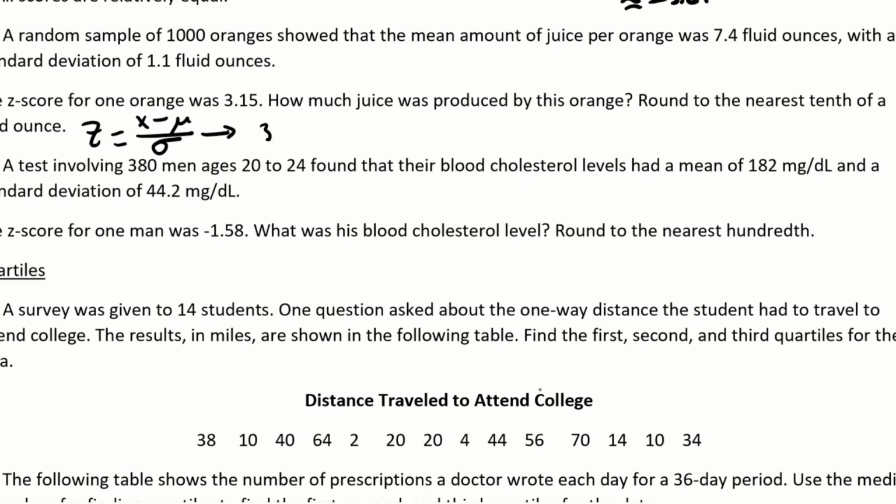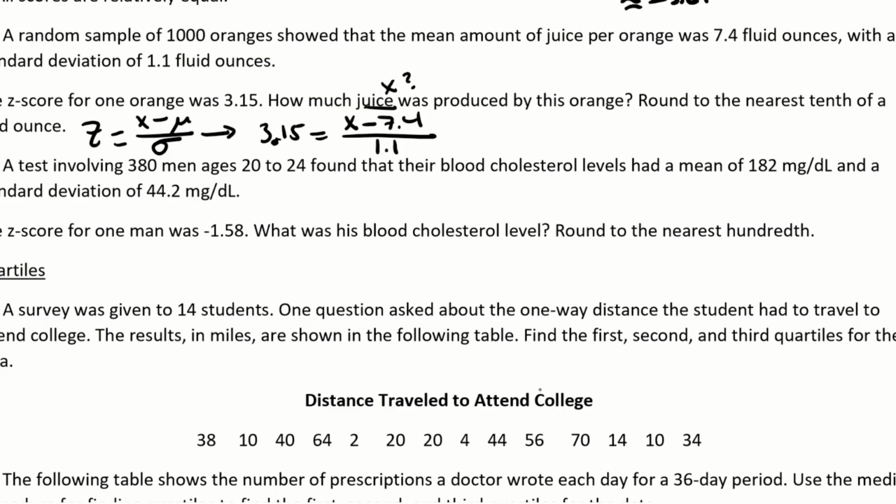So we get 3.15 is equal to the value, which we don't know. The value is the juice produced by the orange, so that's the question mark. It's going to be x minus the mean, which was 7.4 fluid ounces, and the standard deviation is 1.1.